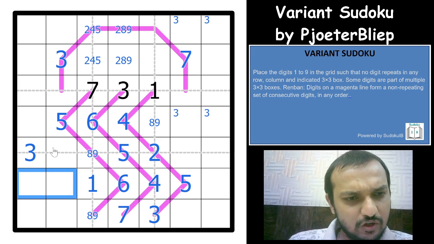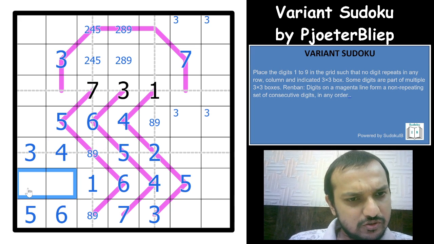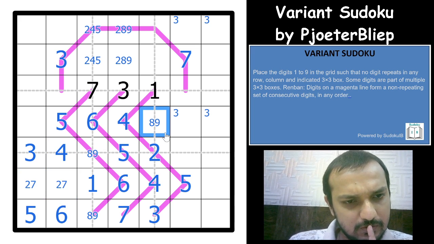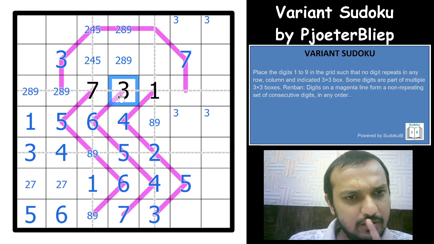Oh, 4, 5, 6 cannot be here. So this would have to be a 4. This is 6, this is 5. 2 and 7, right? So 1, 2, 8 and 9.